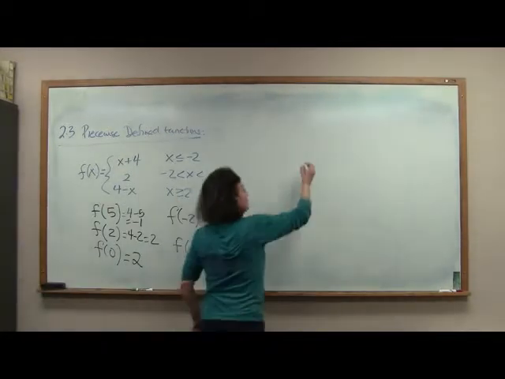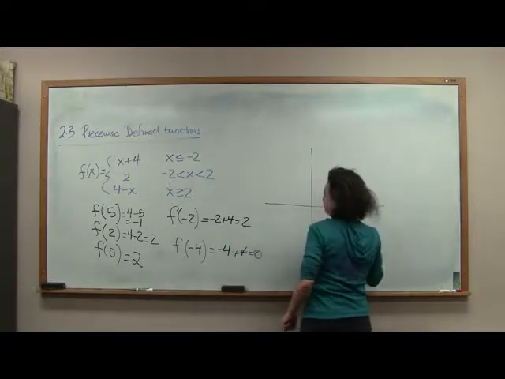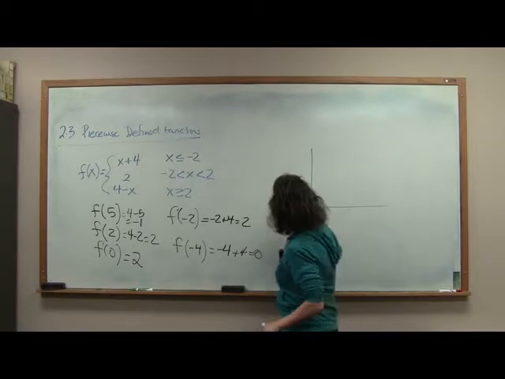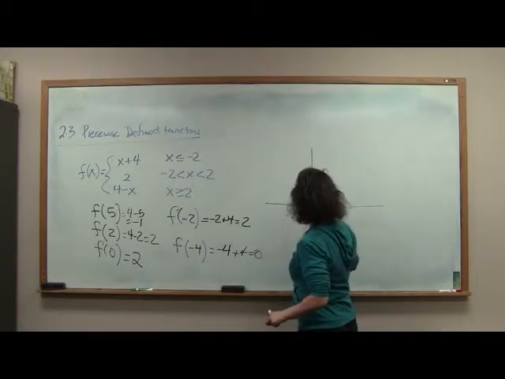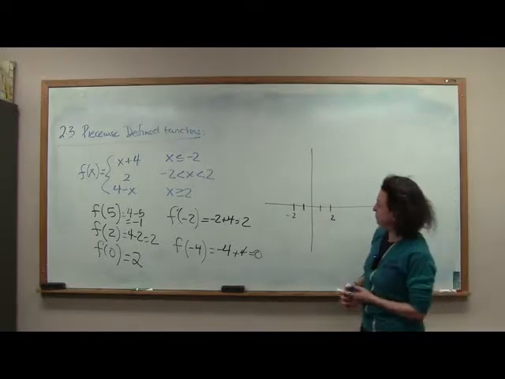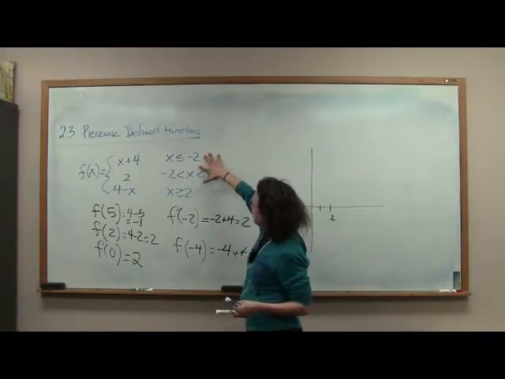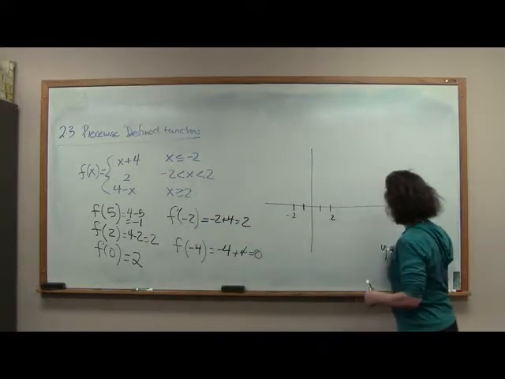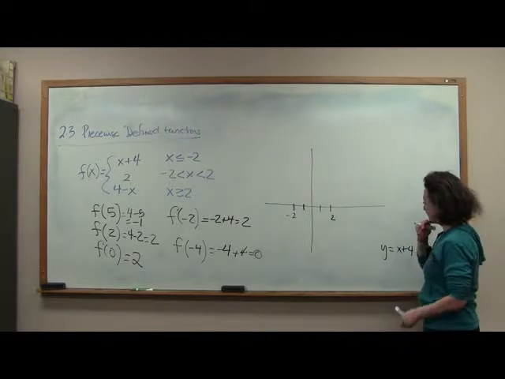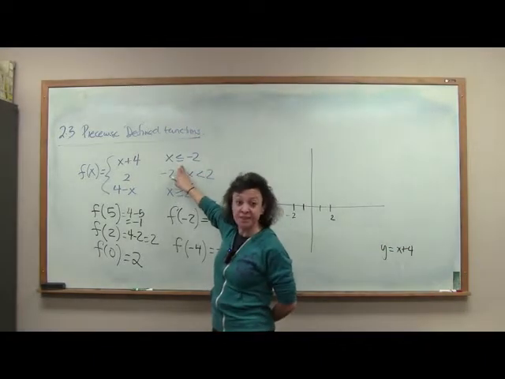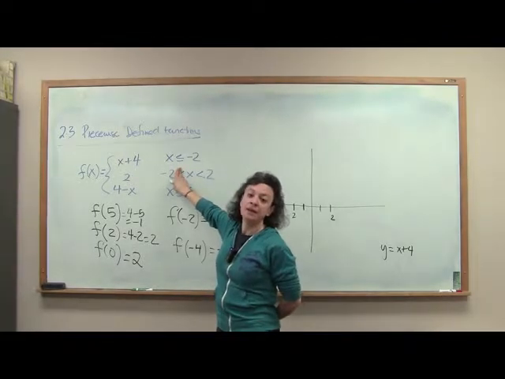All right, so let's graph this guy. Okay, first I'll start here. -2 is a really relevant number, as is x equals +2. So when x is less than or equal to -2, my function is defined to be x plus 4. Okay? Again, even if I didn't have this equal sign, I would still start here. Because that would be where I would put an open circle.